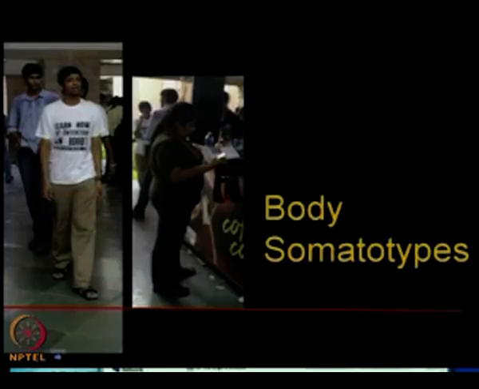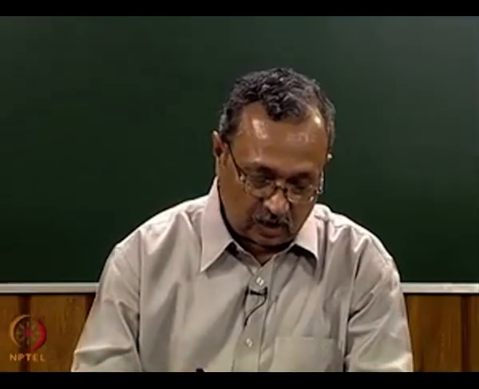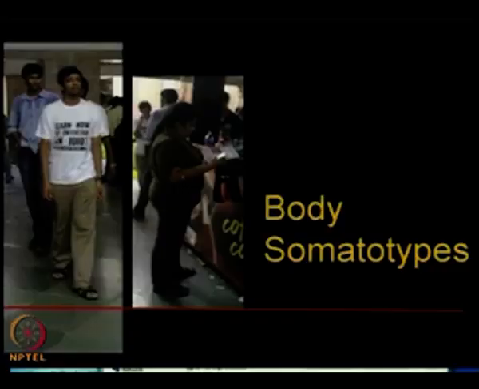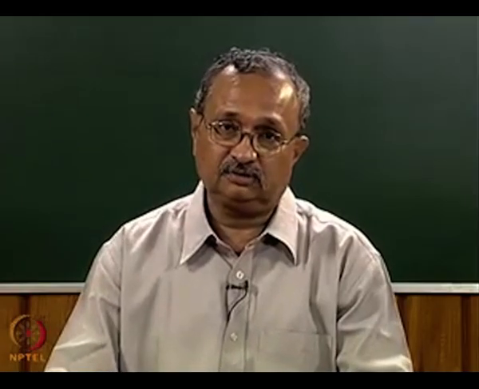Now, we would like to go to the second stage of today's discussion, that is body somatotypes. And the body somatotypes are how the body looks like: lean, thin, fat and normal. How can we say that it is a normal body?